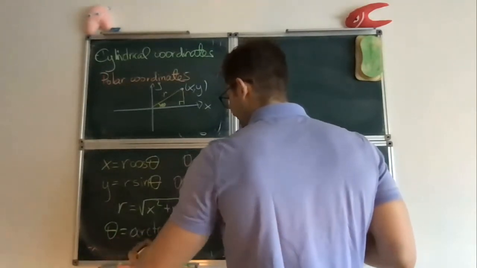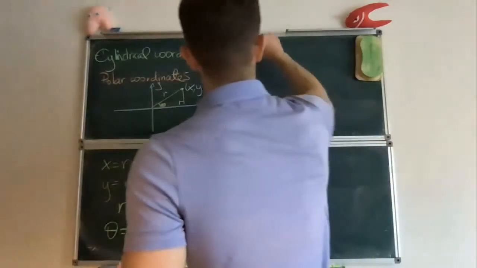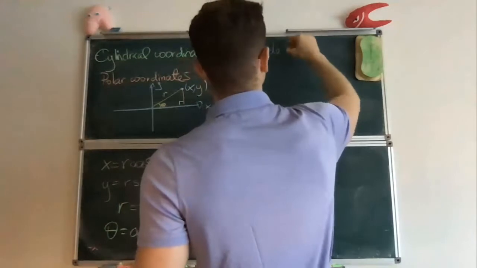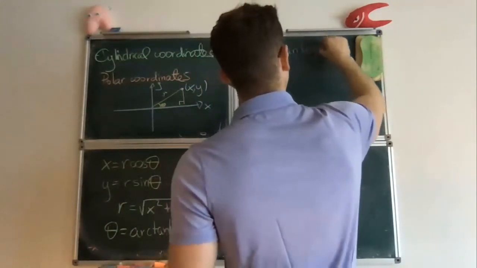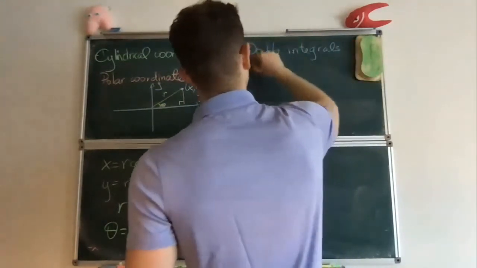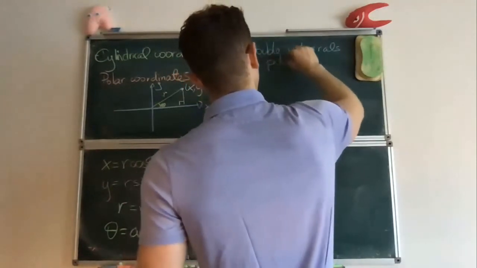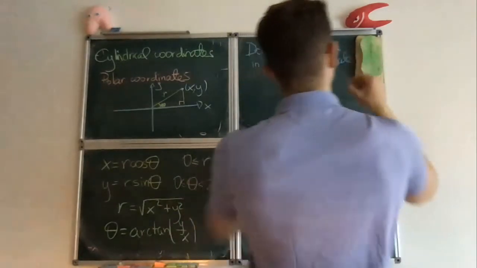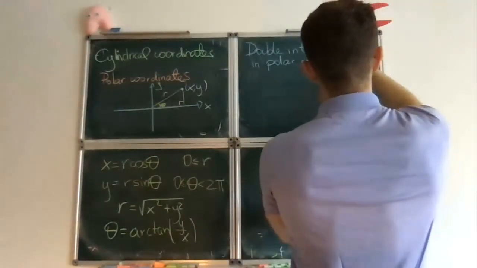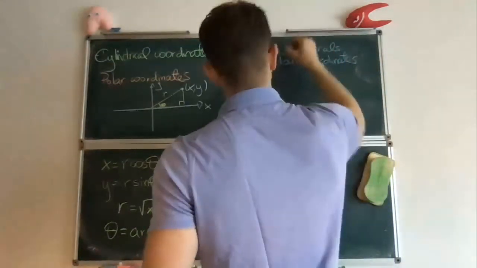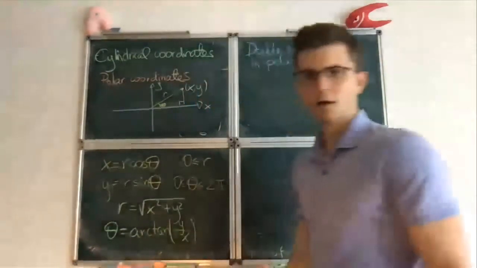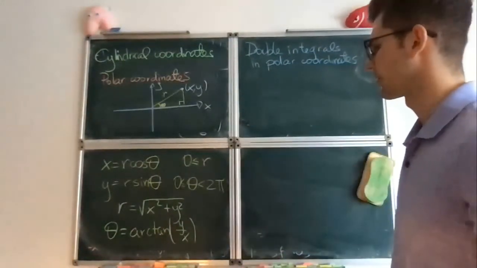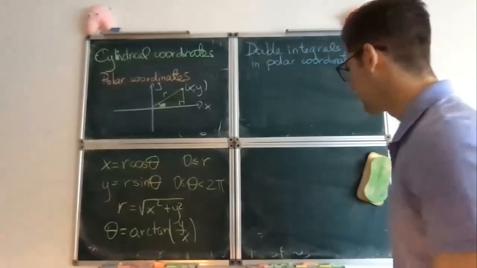So maybe this is slightly new, at least from this point of view, but the idea is that you can also study double integrals using polar coordinates. So let's think about that for a second.